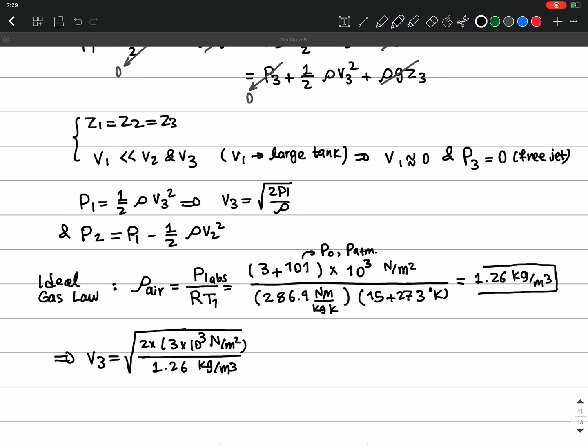All of these are in SI, and you should be careful that they are written in SI to get the correct number and unit at the end. If you calculate this, it is going to give us 69 meter per second.